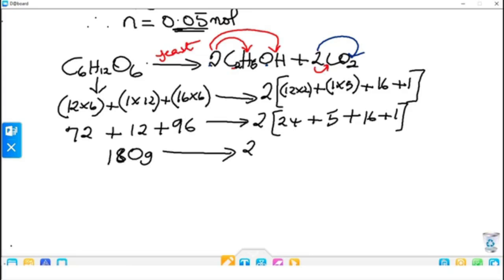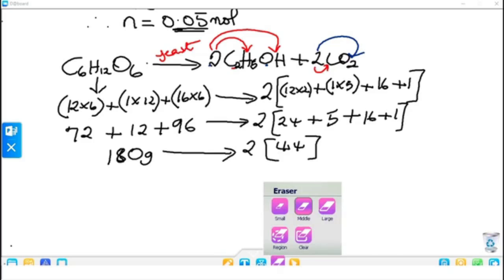2 into 24 plus 5 plus 16 plus 1. That gives us 46. Sorry, that's not 44, that's going to be 46.